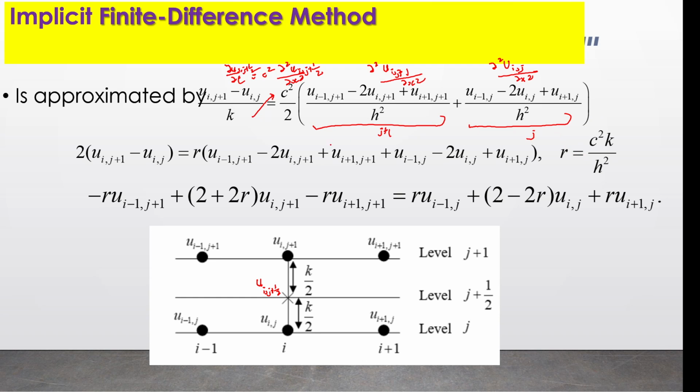Then we collect all the level j plus 1 terms on the left hand side, so you have minus r u(i-1,j+1).